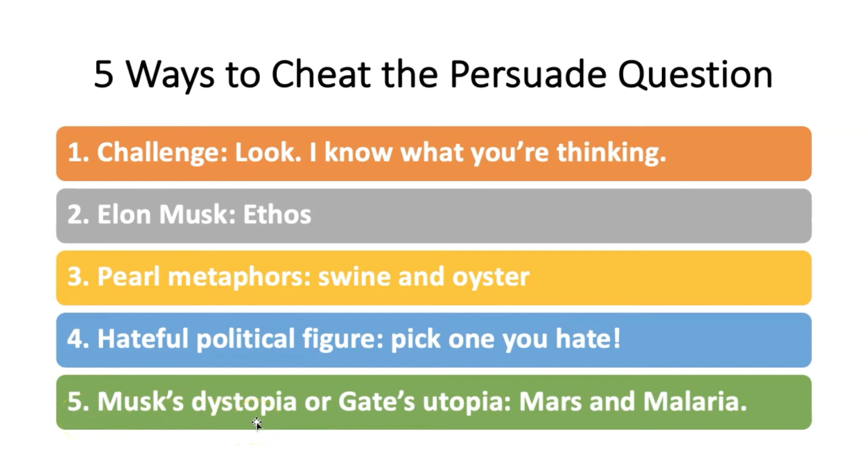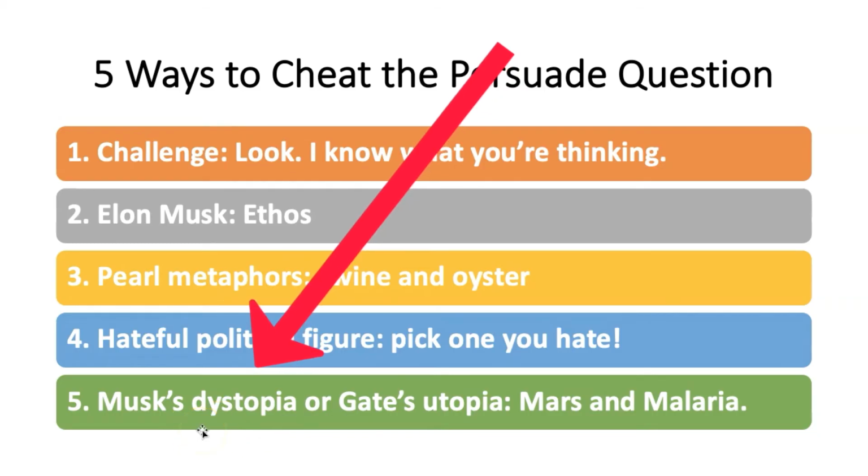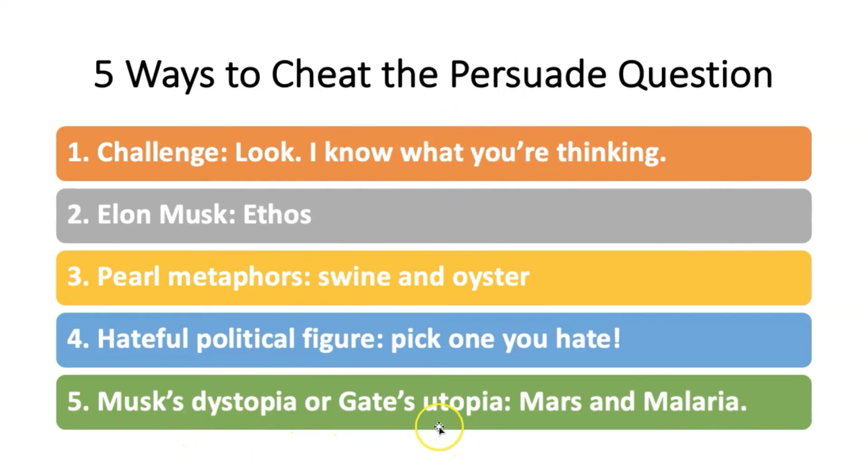Number 5 gives us your conclusion. This will work for every single topic that could possibly come up. You are going to look at the dystopia, which means a deteriorating society. Or the opposite of that, a utopia, a society which is getting better and better. Musk you're going to use as somebody who thinks society is becoming a dystopia and he wants to give us the capacity to escape it and go into space.